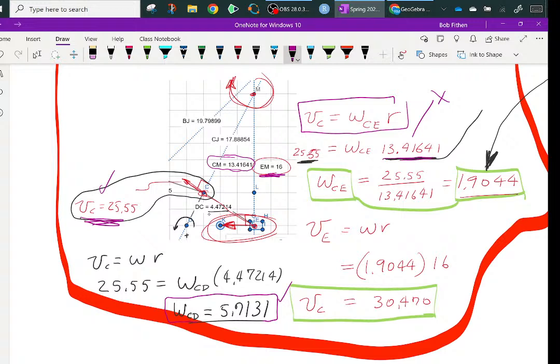So what I'm doing here is taking the velocity of this point and the radius of this, to get the omega right there. I think 25 divided by 13, that looks about right. It looks like about 25, it's almost 2. So I get omega CE of this, so that would be a minus 1.9 roughly.